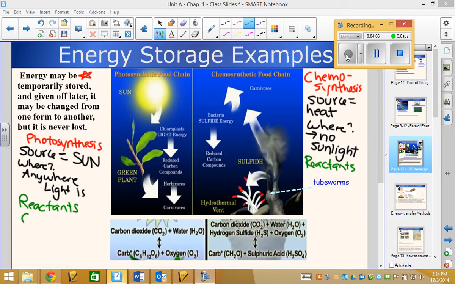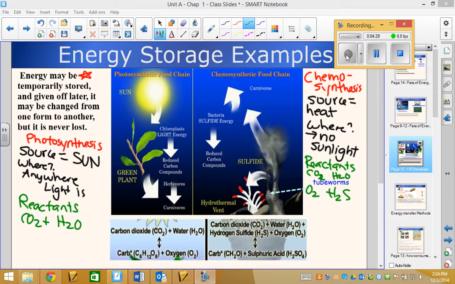In photosynthesis, my reactants are CO2 and water. Those are the 2 substances that I start with. In chemosynthesis, I have CO2, I have water, but I also have oxygen, and I also have hydrogen sulfide.